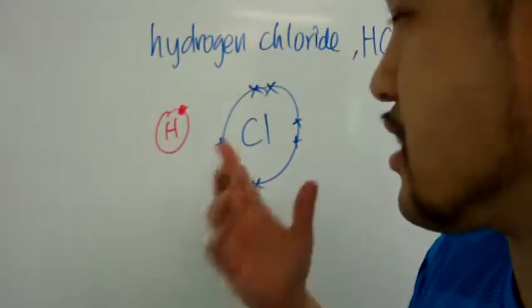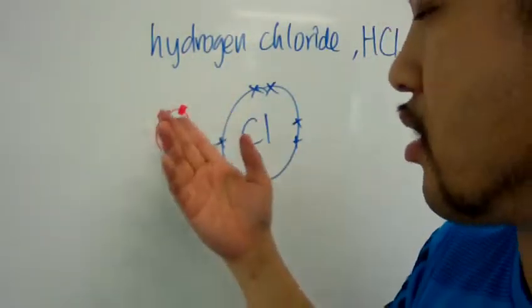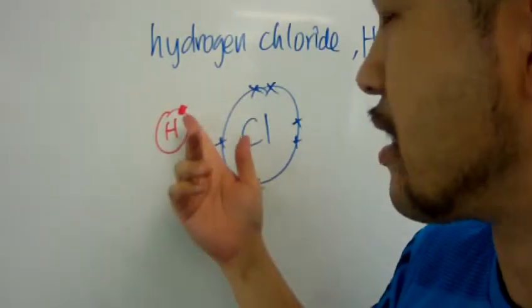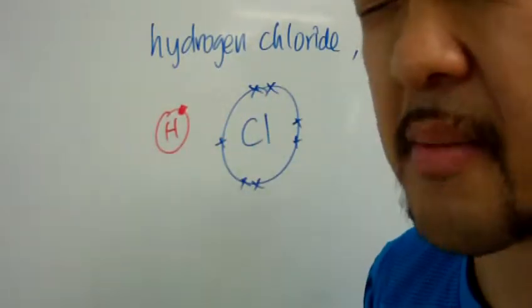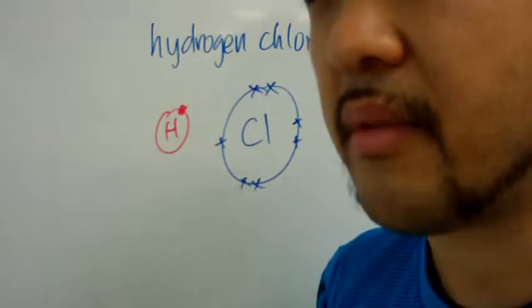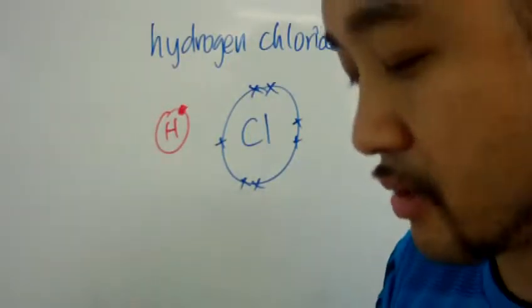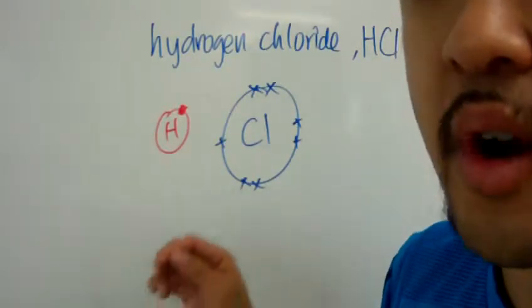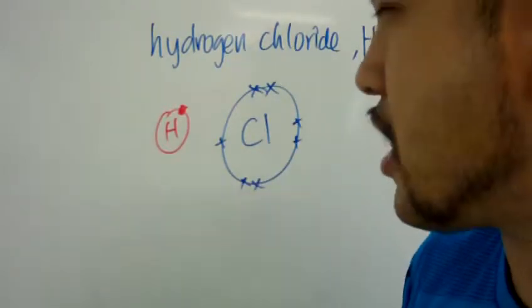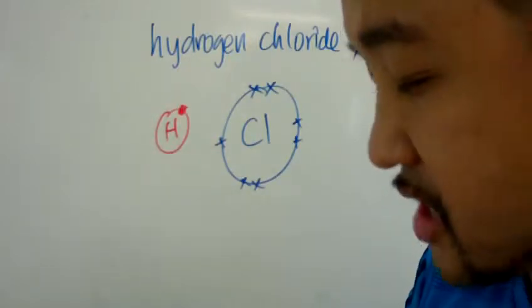Now, it doesn't really matter to me about that. Don't mind me about drawing dots and X's and stuff like that. In your exams, they'll tell you how to draw those electrons and how to represent an electron from hydrogen, how to represent an electron from chlorine. But for here now, what's more important is the concept.